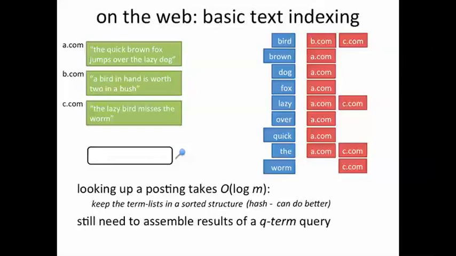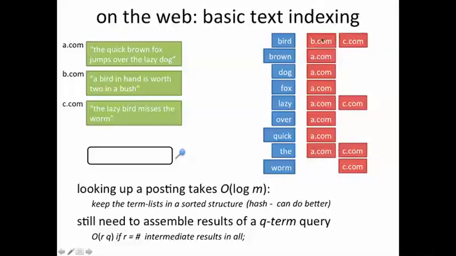The process of assembling the results of a q-term query takes order rq time if r is the total number of intermediate results. That is, the number before one takes the union of the results. So in this case of a query like the bird, r would be 4 because you get 2 results from bird and 2 results from the.